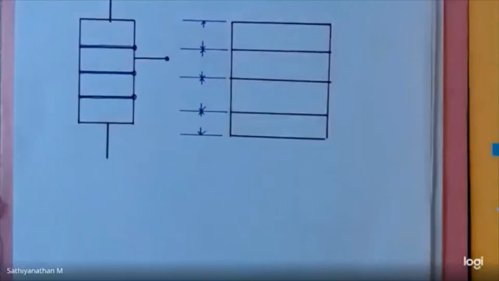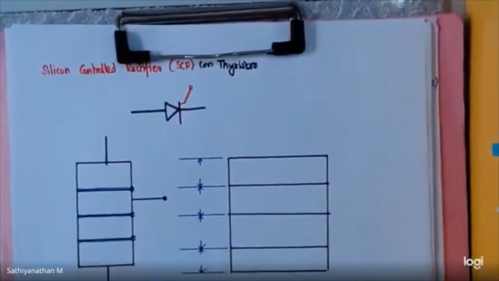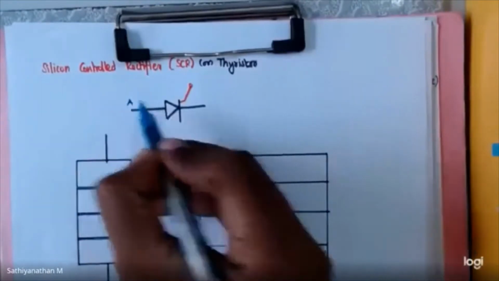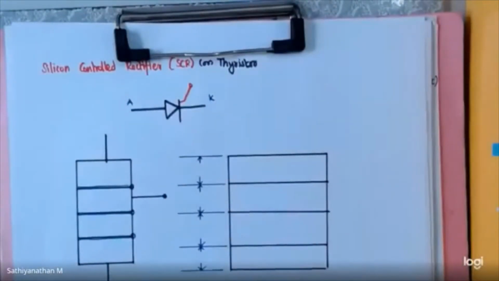So today, we are going to discuss silicon controlled rectifiers. Normally we call them thyristors. If you take a thyristor, it looks like a diode. There is anode and cathode, two terminals.